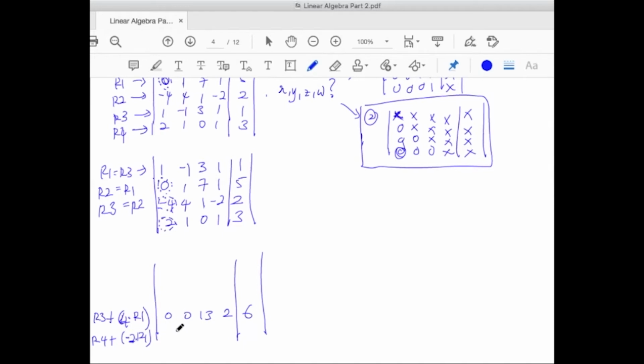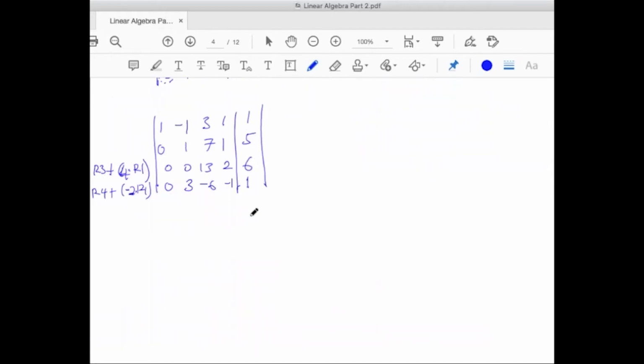So that will give you 0, 3, and for the rest of row 1 and row 2, you can just write it back because you didn't do any operation on them.